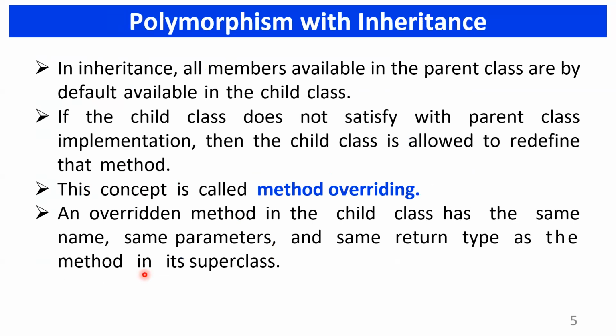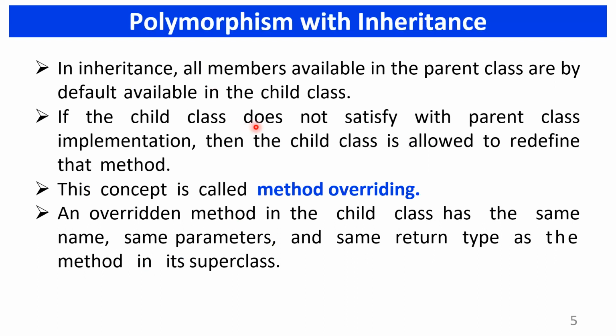Now let us understand polymorphism with inheritance. In inheritance, we already know that all members available in the parent class are by default available in the child class. Whatever attributes and methods are available in the parent class are also inherited by the child class.